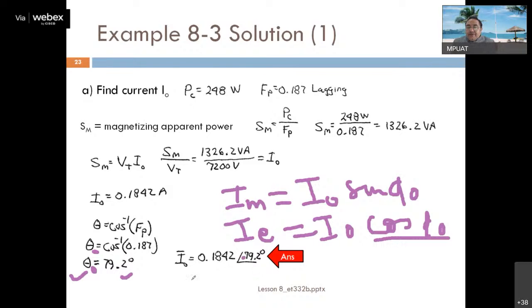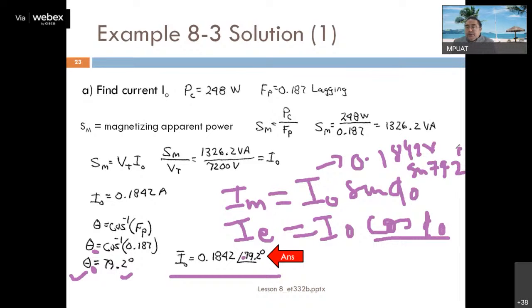Okay. So once we have found the current in phasor form, now we can calculate. IM magnitude is 0.1842 multiplied by sin of 79.2 degree. Is it clear? You calculate it.